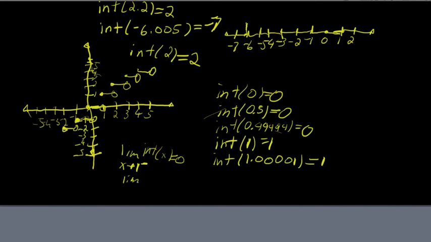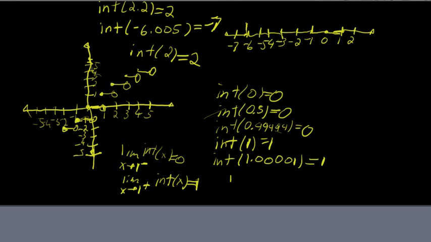But the limit as x tends to 1 from the right, okay, this doesn't mean necessarily that we are looking at positive values of x. It just means that we are approaching x equal to 1 from the right, of int of x, equals 1.